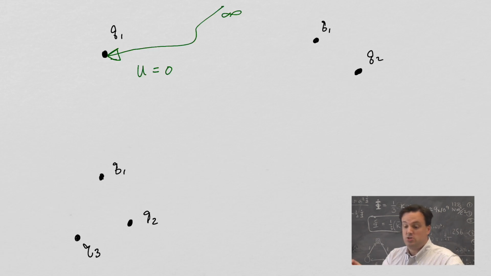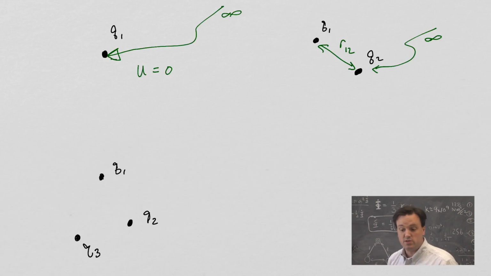Once I bring my second charge in, which I'm going to call Q2, now I have to be a little bit more clever, because when I bring that charge Q2 in from infinity, I now have another charge in the universe. And so I have to worry about how much work the electric force did on Q1, and how much work it cost for me to bring Q2 in from infinity.